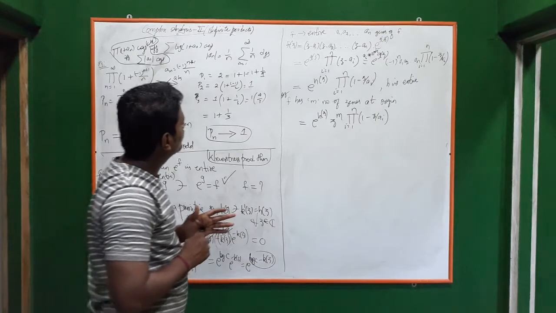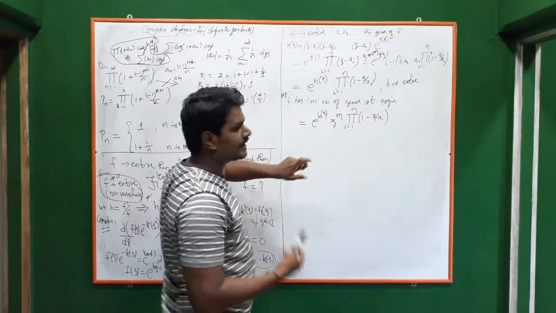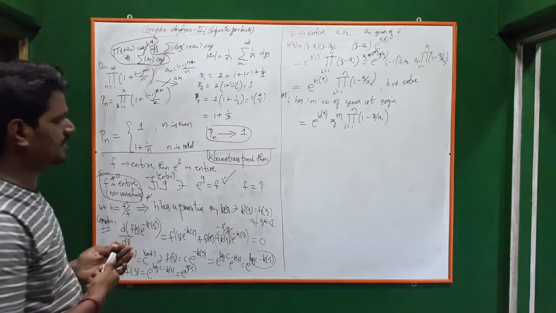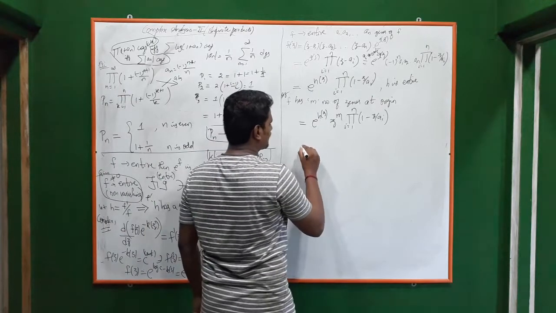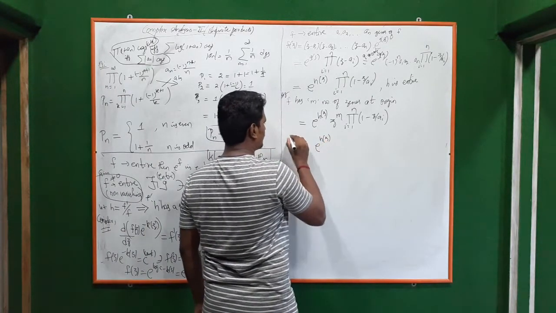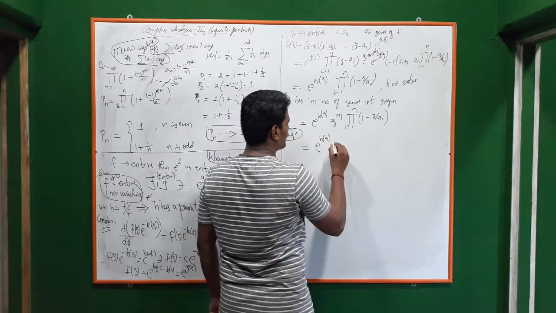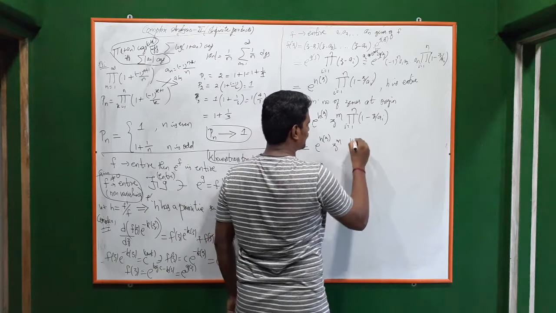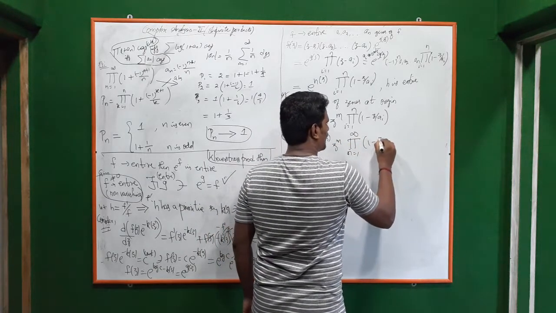But all of these things are the finite case. What about the infinite case? That's what we need. So how will the infinite case look? This can be written as e power h of z, z power m, into the product n from 1 to infinity of (1 minus z by an).